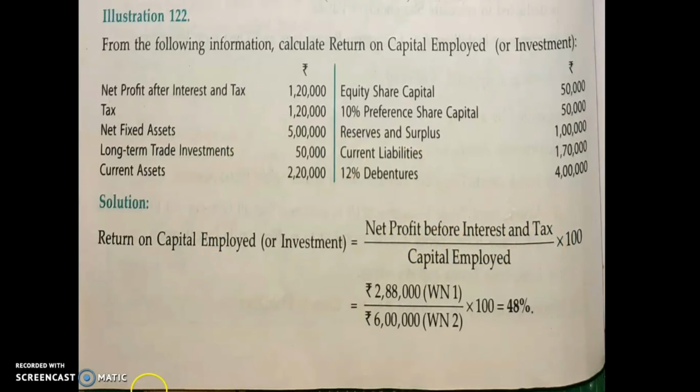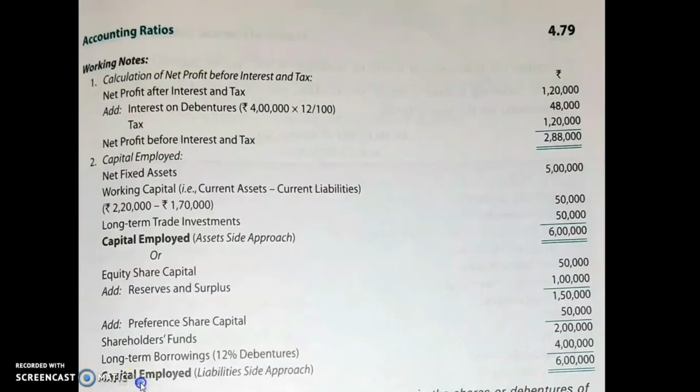Now let us do the calculation of net profit before interest and tax as a working note. So look, you can see here the first working note is calculation of net profit before interest and tax. You have to write that as a heading. Next you write down net profit after interest and tax.